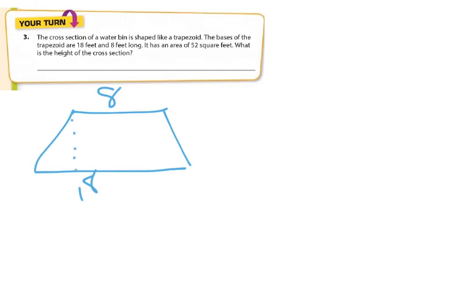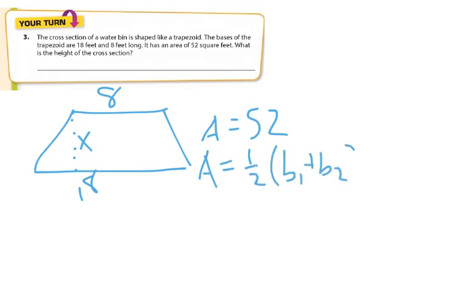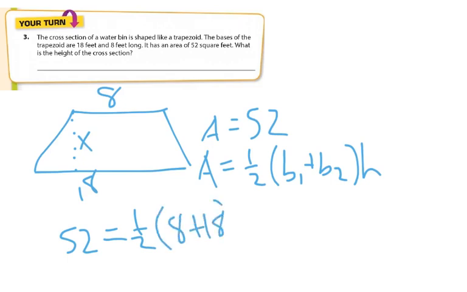We don't know what the height is, so that's the unknown, but we do know the area is equal to 52. And now it's just about using the formula, 1/2 base 1 plus base 2 times our height. And so we have 52 is equal to 1/2 times 8 plus 18 times our height.